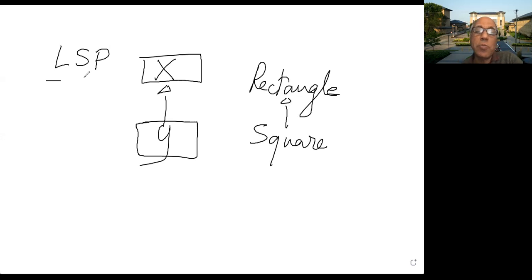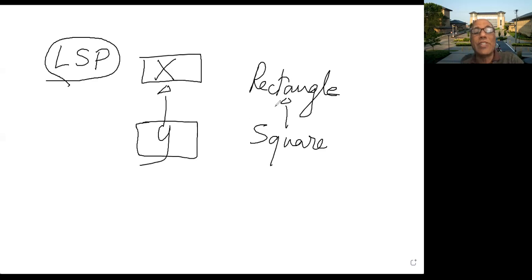So LSP is essentially a way of coming up with a criterion to say whether a certain type is a subtype of something else, whether a square can be a rectangle, whether a square could be a subclass of rectangle.